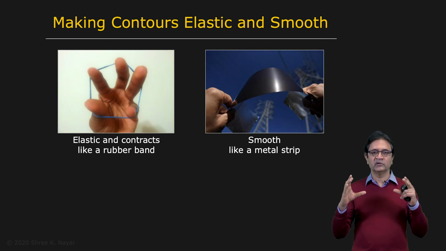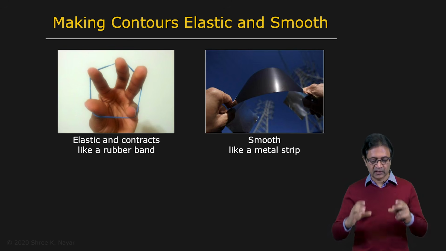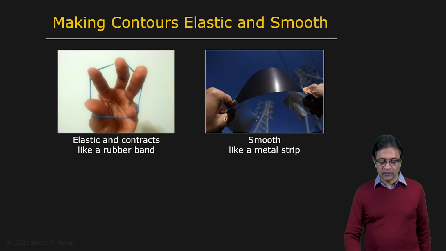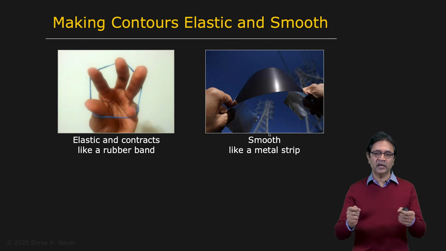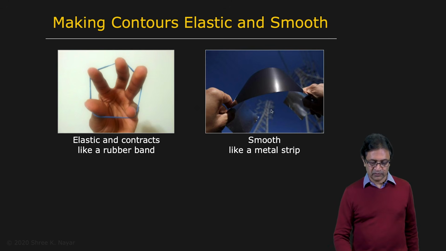But for our purposes here, we're going to look at the elastic property where it actually behaves like a rubber band, it contracts. So it should look something like this. If these are control points, the rubber band should go something like that. And you want it to be smooth. Act like a metal strip. When you bend it, you're not going to have any sudden twists and turns. You want it to be smooth.